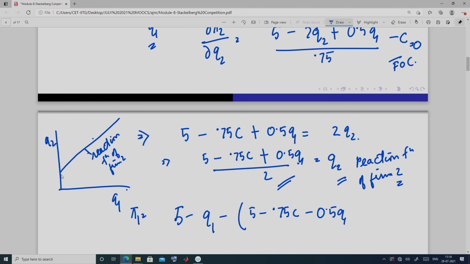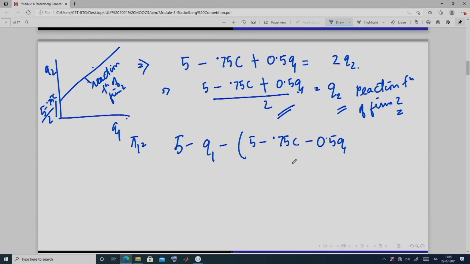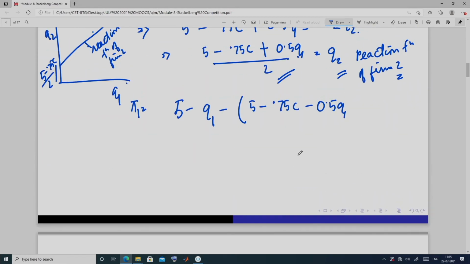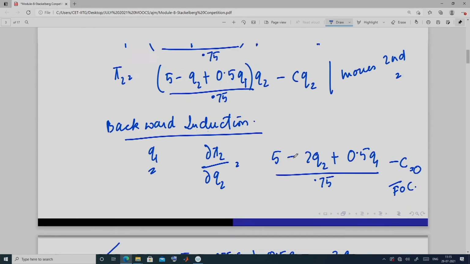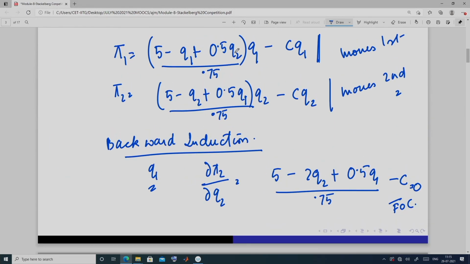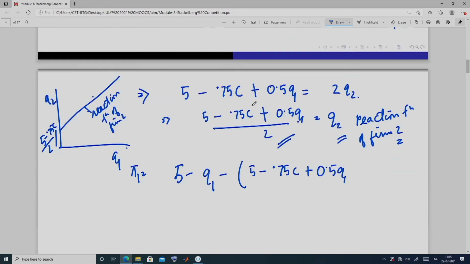Okay. This point is, you can say, this. Now, let us substitute this here, and we are substituting here.